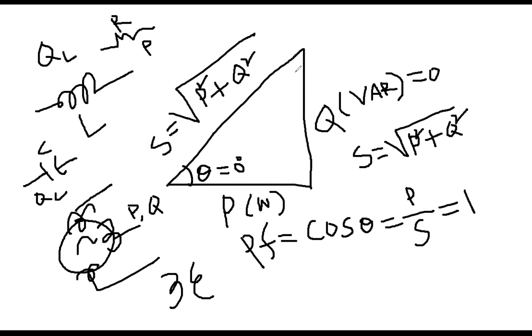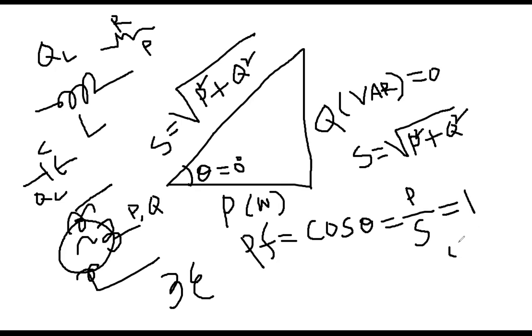If you can make the Q value 0, then this will come down. So this hypotenuse, the S line, will fully superimpose on this line. Then by the definition, cos theta is P over S, meaning P over P or S over S, that will be 1. So power factor correction means trying to make the power factor 1. But in real practice, you can never ever make the power factor 1.